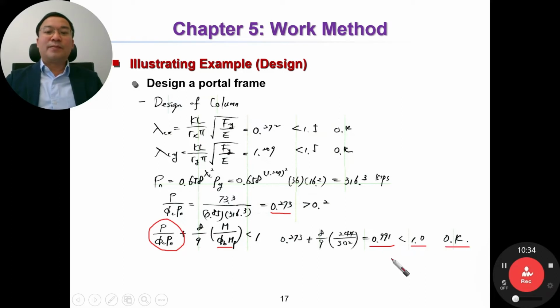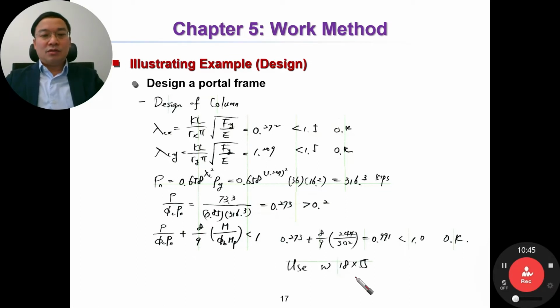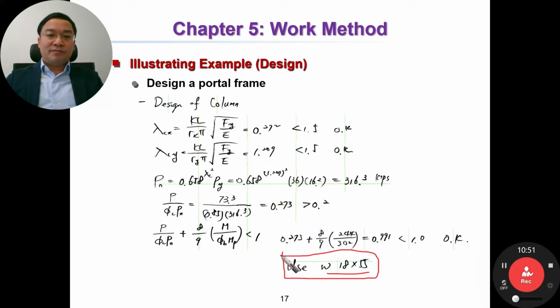It's okay. So our section is okay. Then we use this section. So this is the final solution of the design of the column, the section of the column.